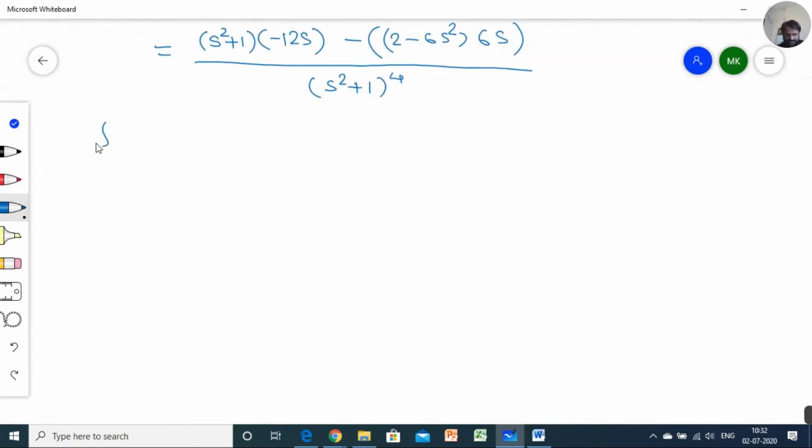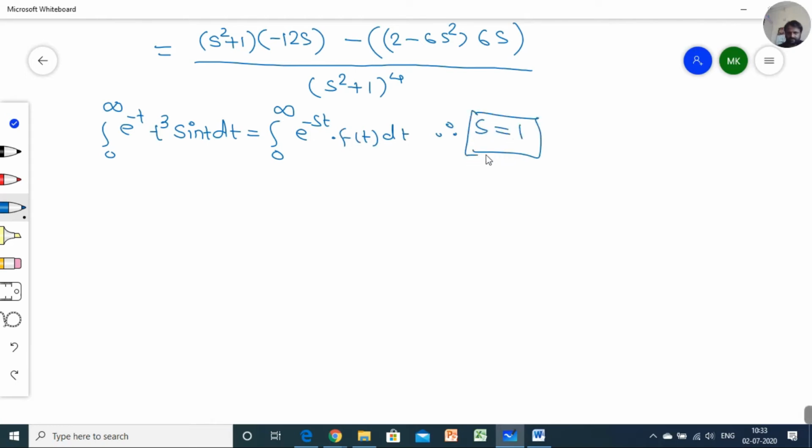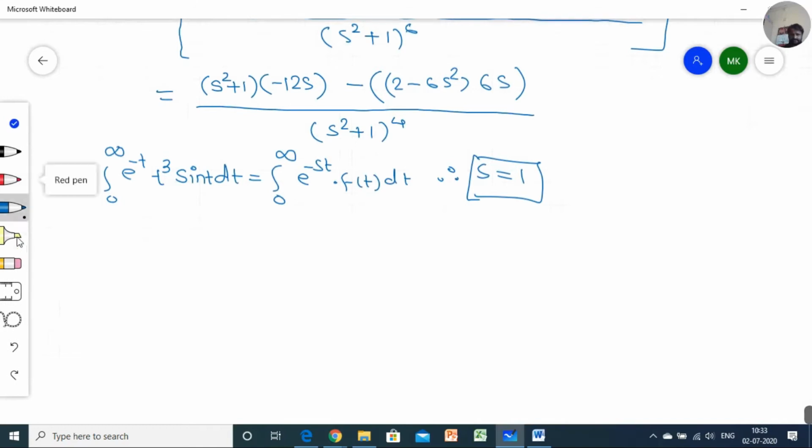The question is given as integral 0 to infinity e raised to minus t cube into sine of t into dt, which is compared with the integral 0 to infinity e raised to minus st into f of t into dt. Therefore s is equal to 1 according to the comparison with the definition. So just substitute s equal to 1 here, and you will get the result.